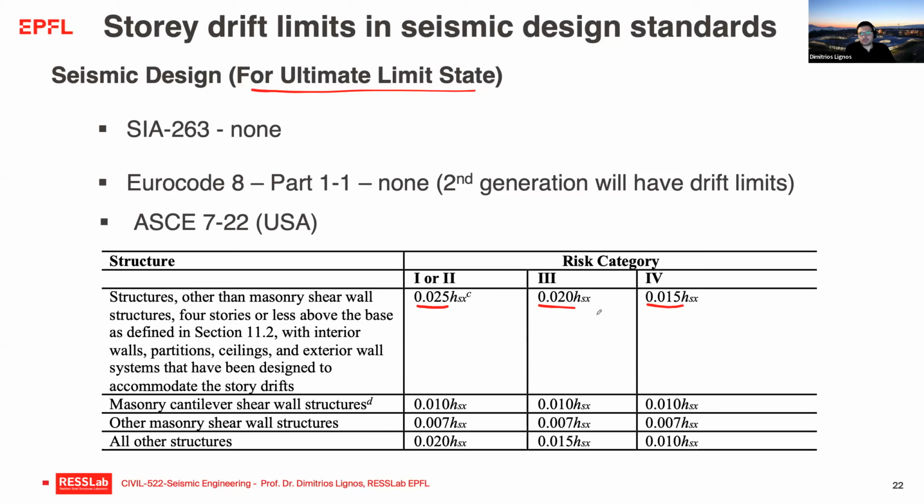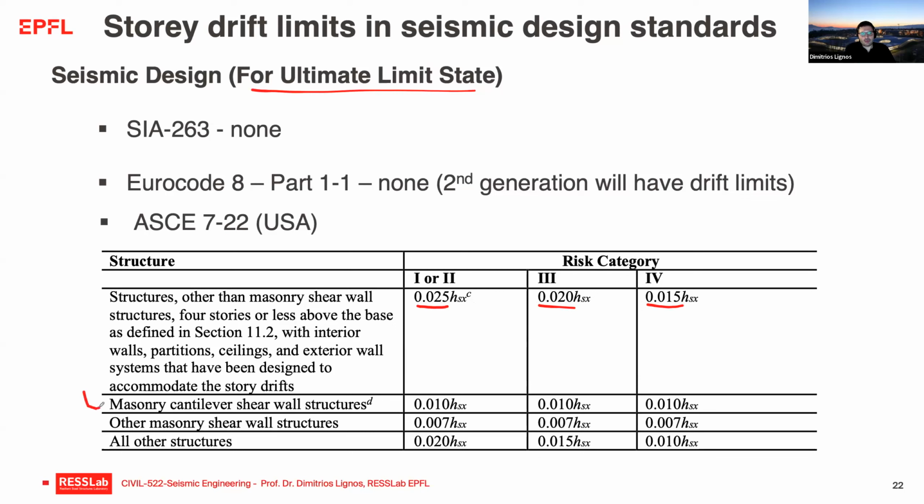I'm sorry, or if it's a risk category 4, that would probably be a hospital, you see that the drift limit is strict for collapse prevention, and it's 0.015 of the corresponding story height.